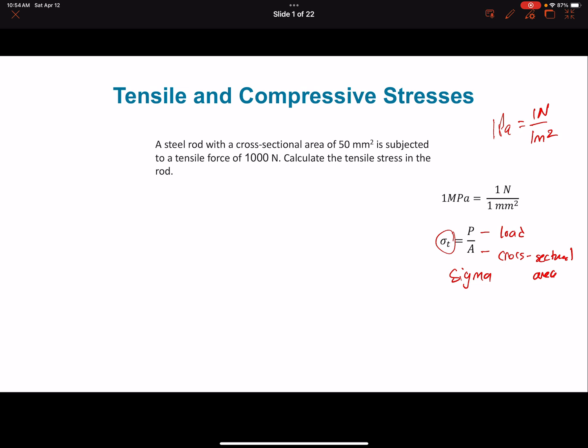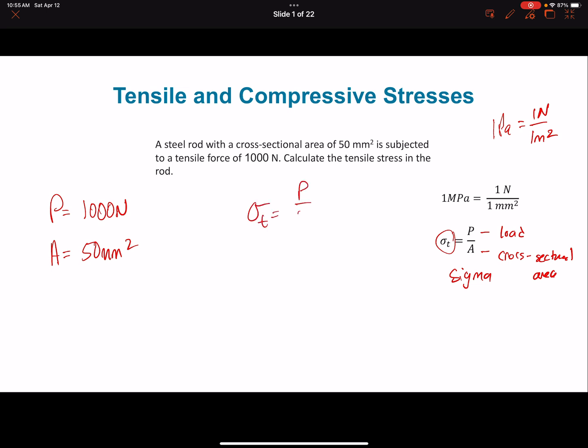in this case. So for this problem, this is a steel rod with a cross-sectional area of 50 millimeters squared. It's subjected to a tensile force of 1,000 newtons. Calculate the tensile stress in the rod. So we are given our force, or external load, is 1,000 newtons, and our area here is 50 millimeters squared, and we're just using our straightforward equation here.